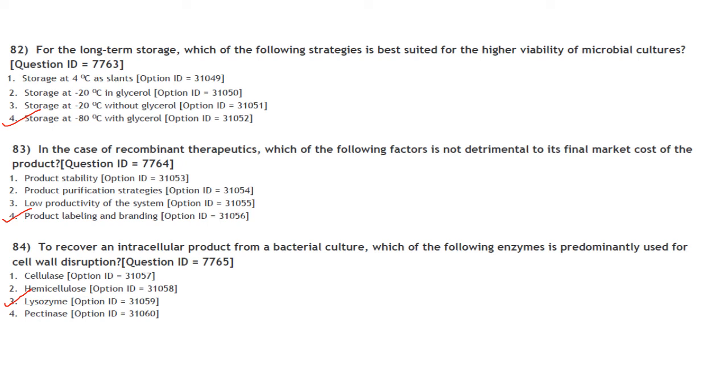So it is product labeling and branding. Answer is option 4. To recover an intracellular product from a bacterial culture, which of the following enzymes is predominantly used for cell wall disruption? It is lysozyme that is used. Answer is option 3.